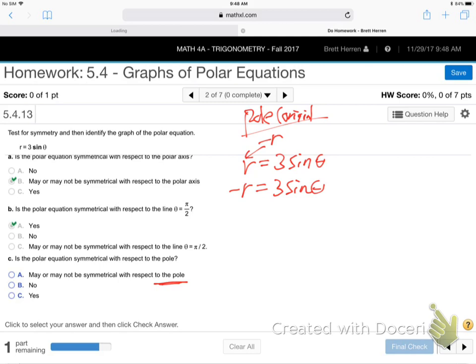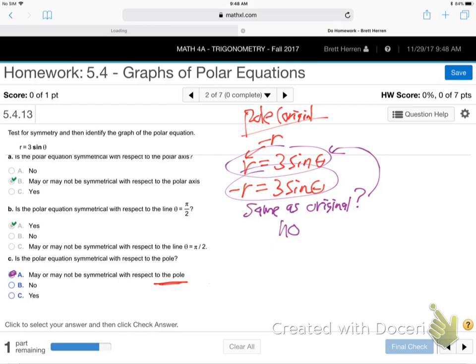Well, there's really nothing to do to simplify. And then they're asking, is this the same as original? The original is this. Are these guys identical twins? No. One's got a negative, the other does not. So it's may or may not be symmetrical through the pole.